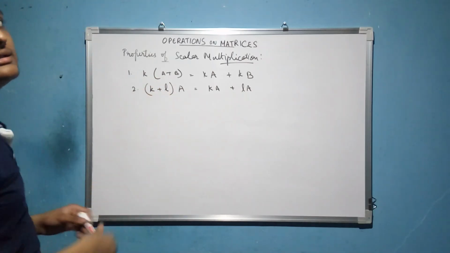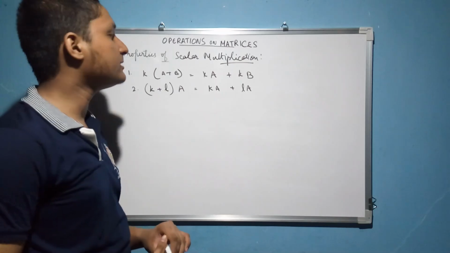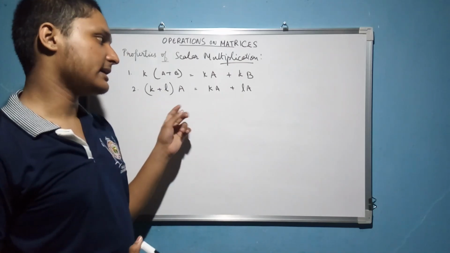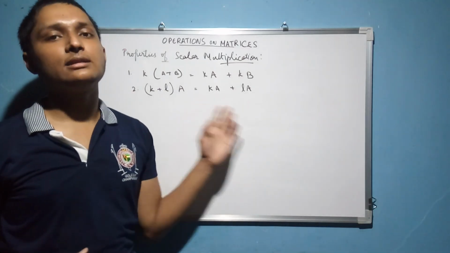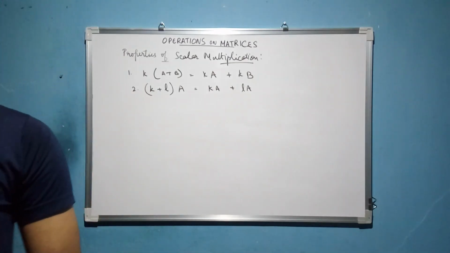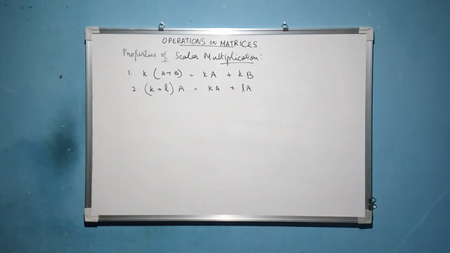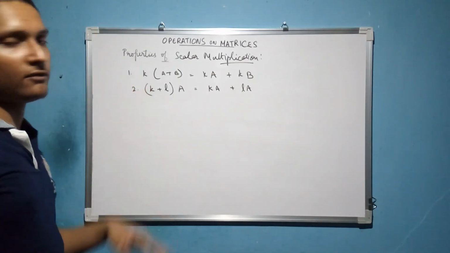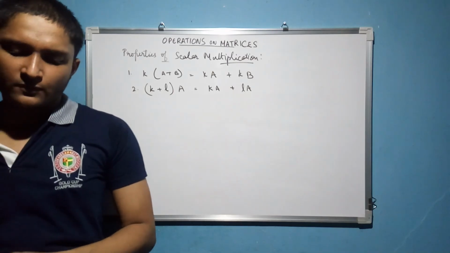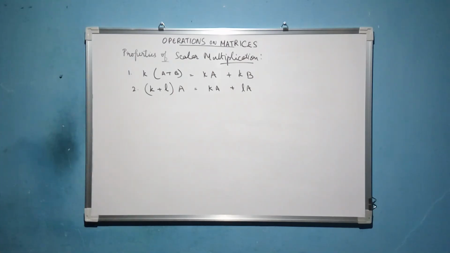Here only the numbers, that is the scalars, are going to be added. If you consider this as one more case, you can write it in this form also. Those two things you can directly prove if you want. The proof is given in the textbook, and you can check how it has come. Okay, that's it for the properties.